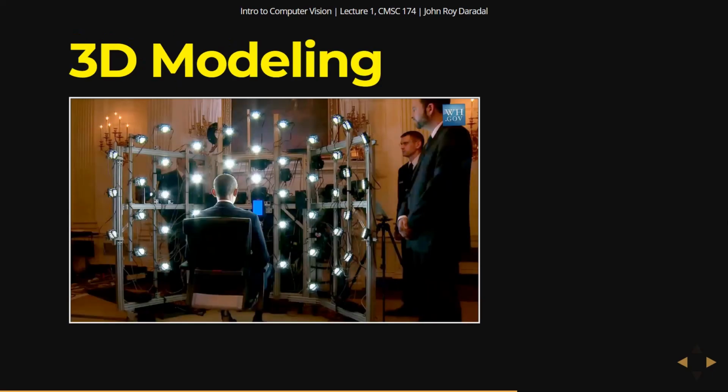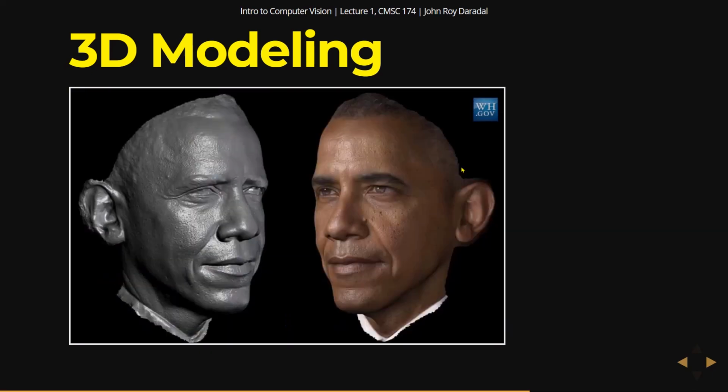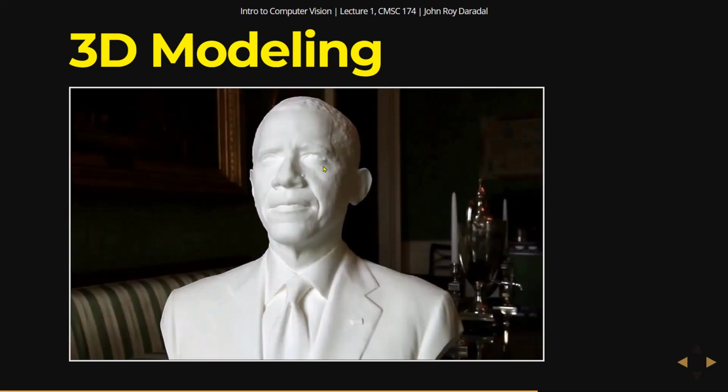And then 3D modeling. So for example, in this one, there are a lot of cameras here that will capture the face of former President Barack Obama of the US at different angles. So these cameras here would capture that, and then it would reconstruct Obama's face in a 3D model to create this bust.